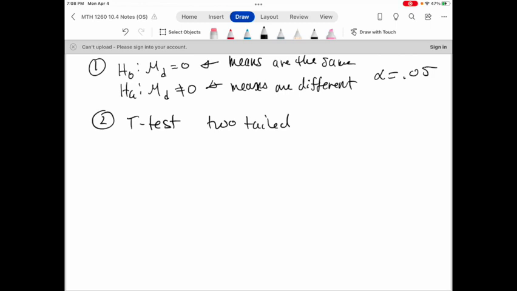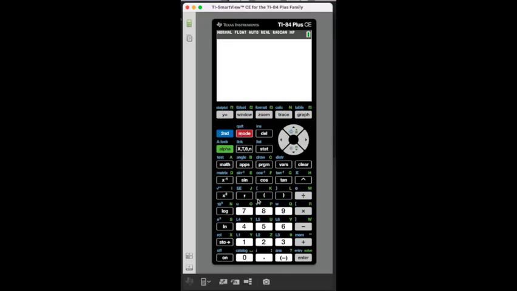So let's switch over to the calculator and see what we get for our test statistic and our p-value. I'm going to go to the stat button and into the edit option, and make sure that I have my matched pairs in L1 and L2. I put the experimental group in L1 and the control group in L2.